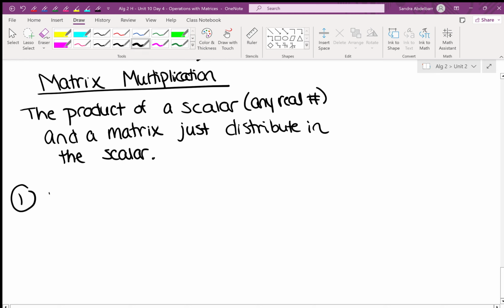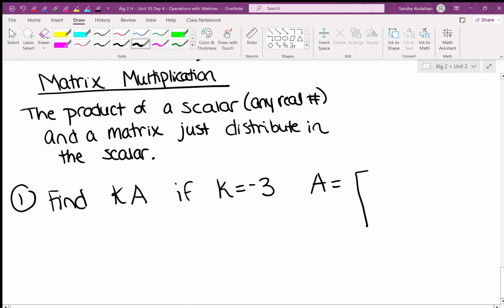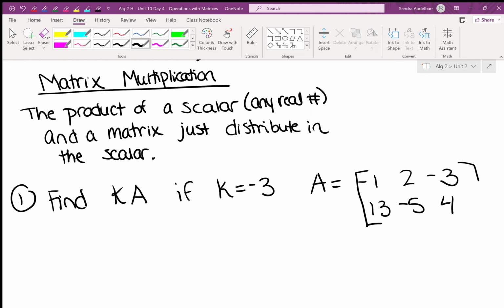So if I tell you find KA if K is equal to -3 and A is equal to first row -1, 2, -3, second row 13, -5, 4.